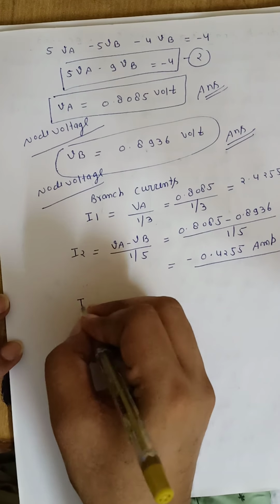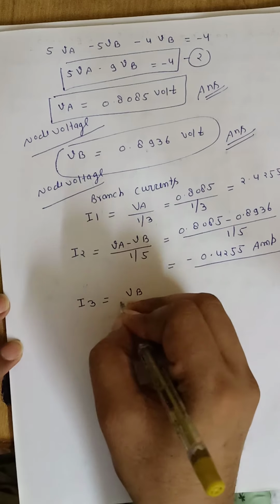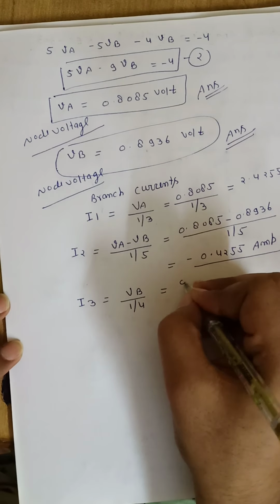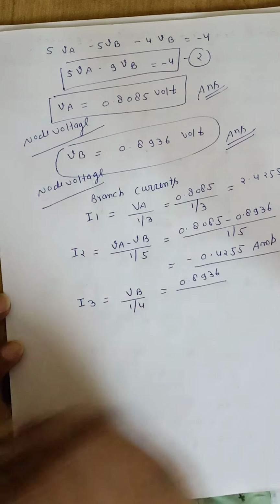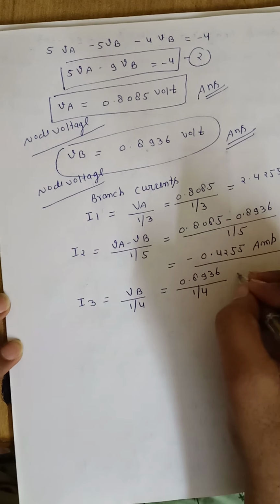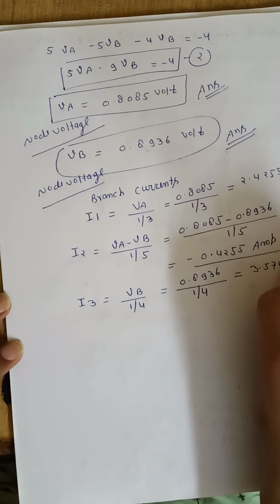Similarly, third branch current I3 is given by VB over 1/4. Putting the value of VB, 0.8936 over 1/4, we have the answer for the third branch current, it is 3.5744 ampere.